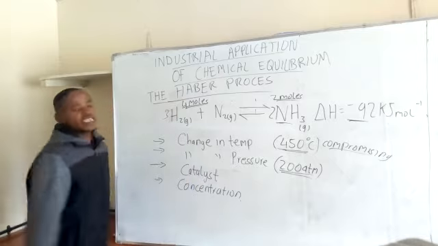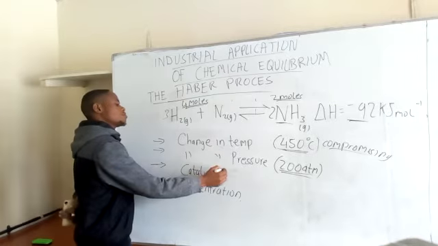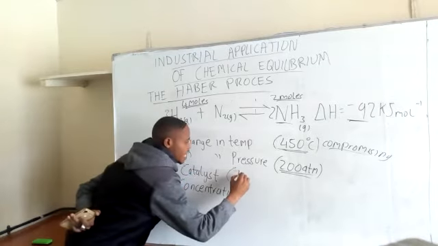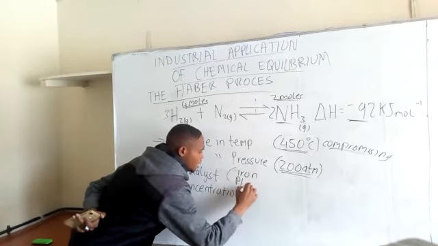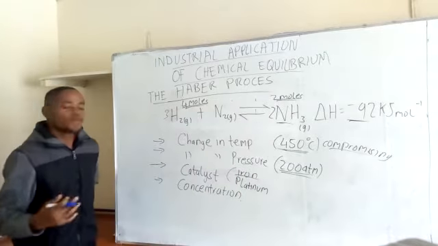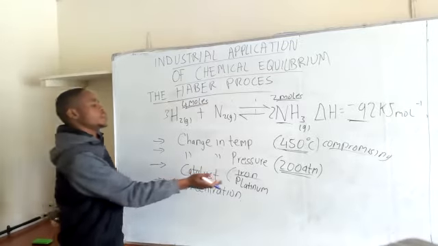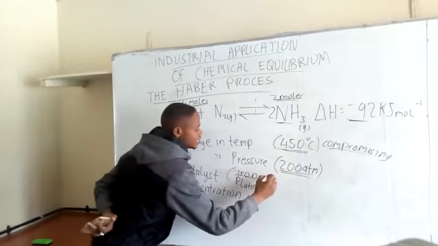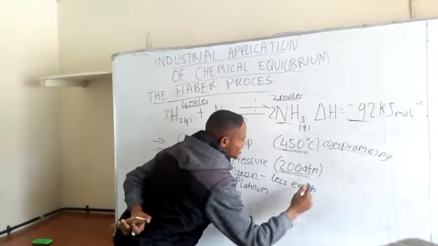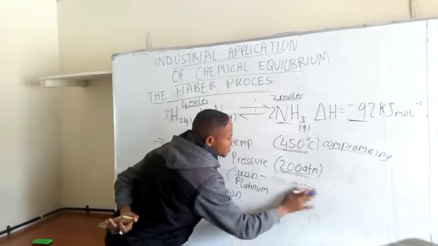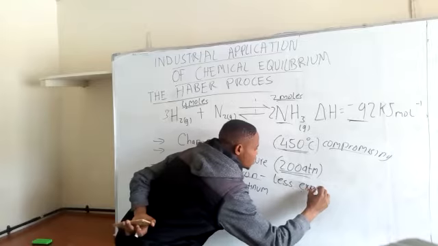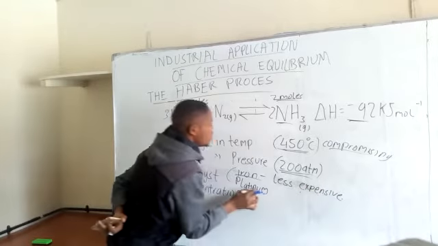Then catalyst. We have 2 catalysts that are used in the Haber process. We have the iron and we have the platinum. Iron is preferred more than the platinum because iron is less expensive compared to platinum.